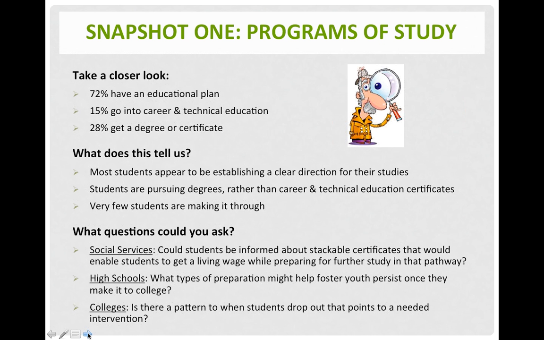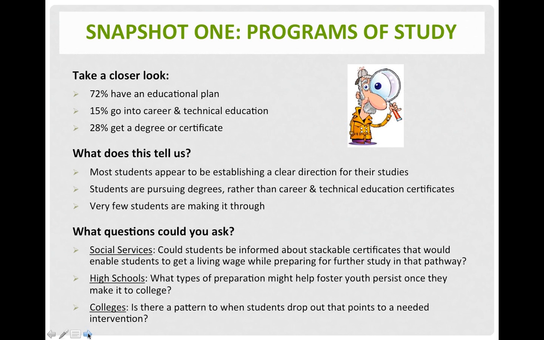And I'm going to give you a third way to look at that set of data, which has to do with this question of programs of study. So these three metrics show us, again, that a lot of these students have a pretty clear educational plan, but relatively few of them are going into career and technical education.